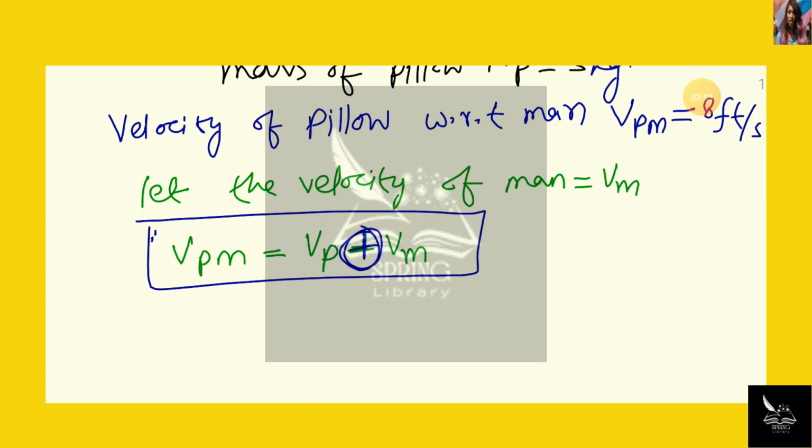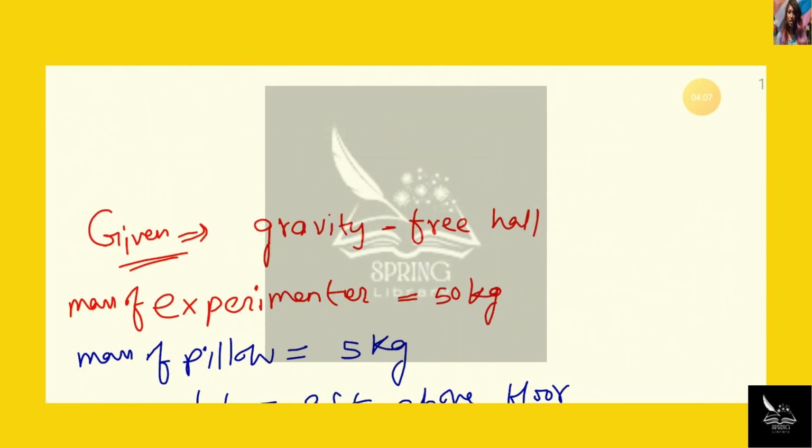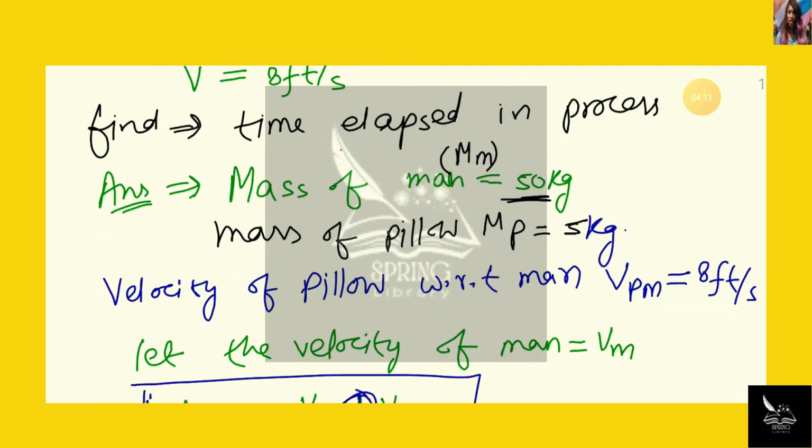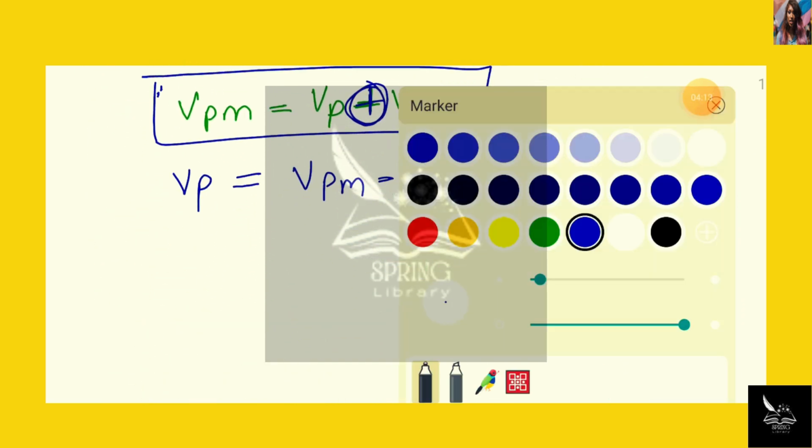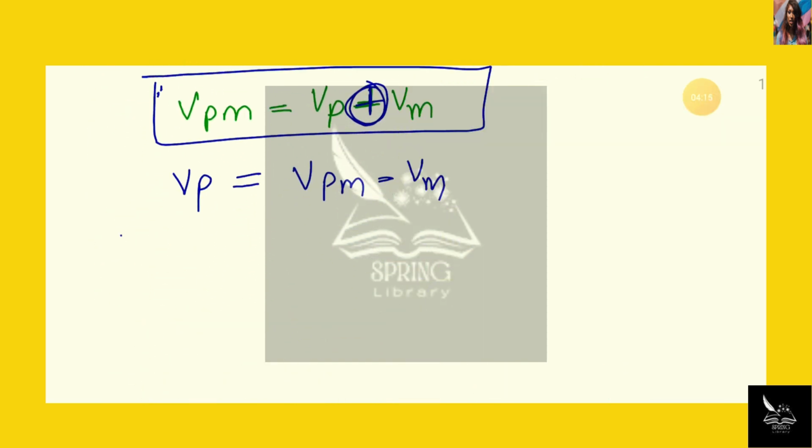So now the next step is, by using this relation, vp will be equal to vpm minus vm. Now, in the question the hall is gravity free, so I can say that there is no external force acting on this system.